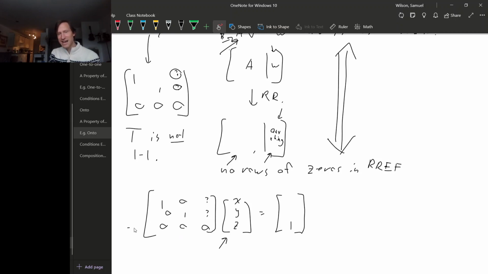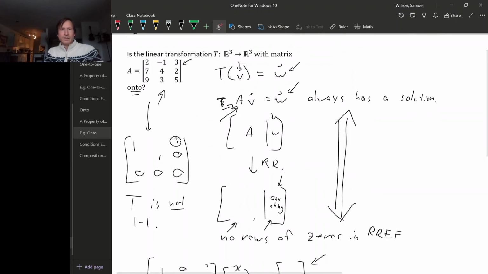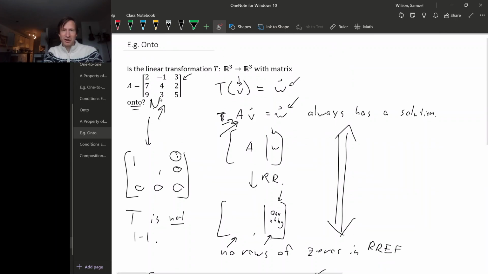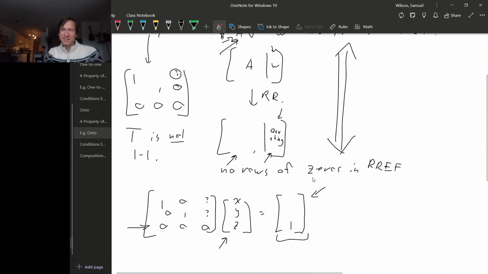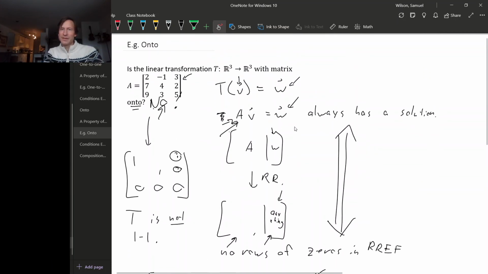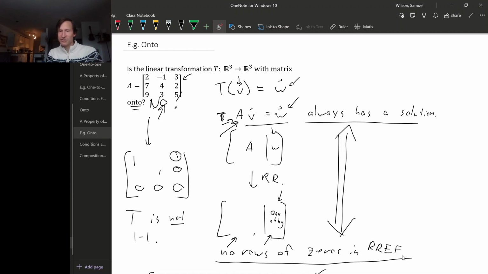So you can see how it's the row of zeros that makes this equation have no solutions for some possible choice of vector on the right-hand side. So is it onto? No, it's not. Okay, and the reason is because this equation always has a solution if and only if there are no rows of zeros in the reduced echelon form.